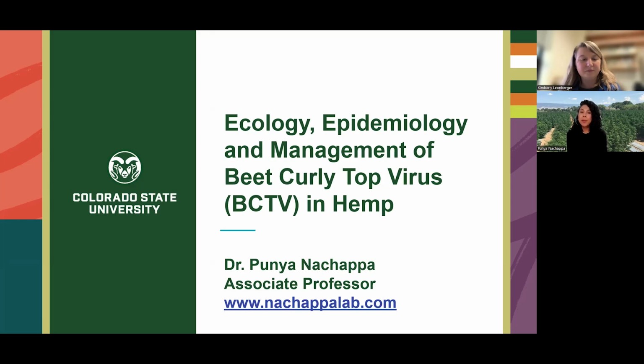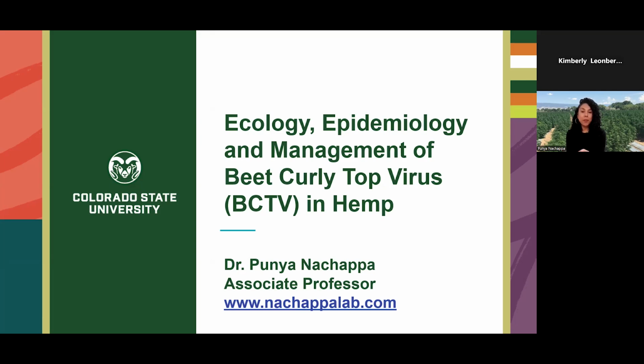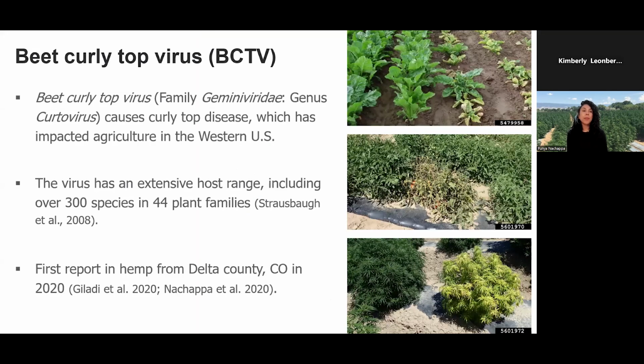Today I'll be talking about the ecology, epidemiology, and management of curly-top disease transmitted by beet curly-top virus in hemp. My lab website information is down at the slide, and at the end I have some resources about BCTV as well.